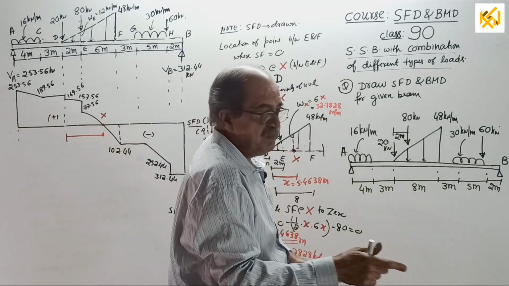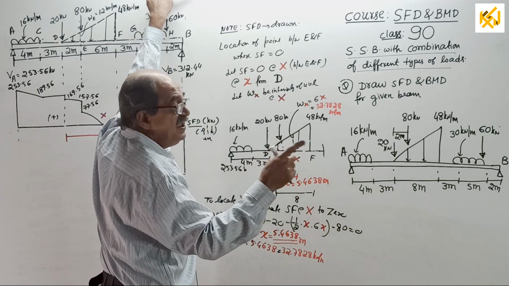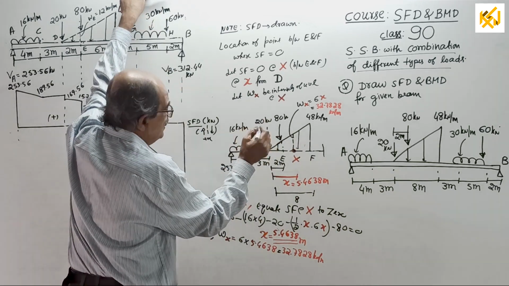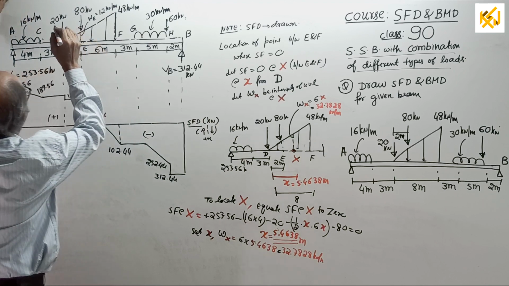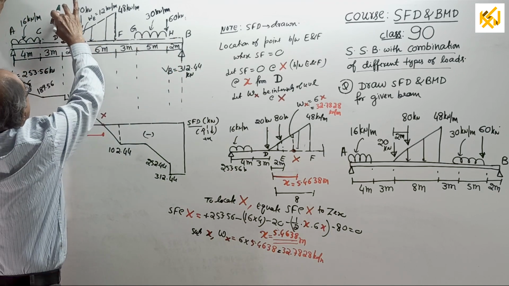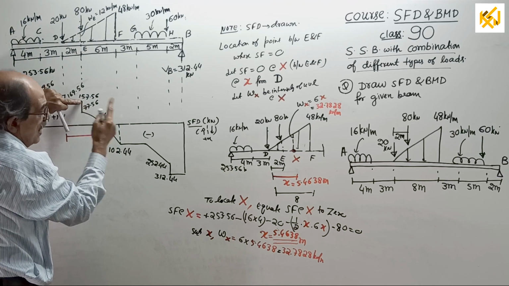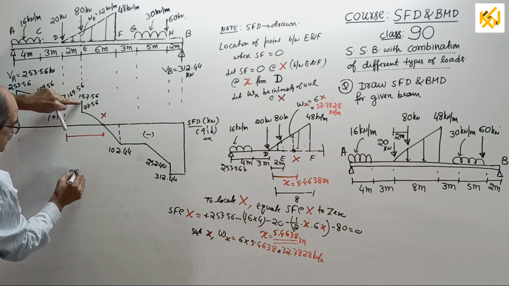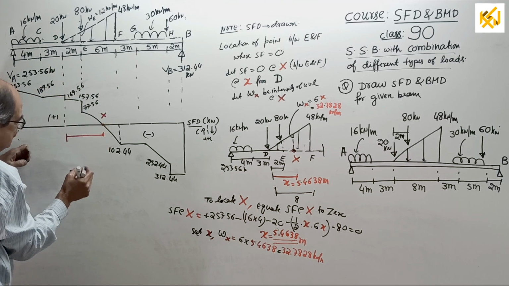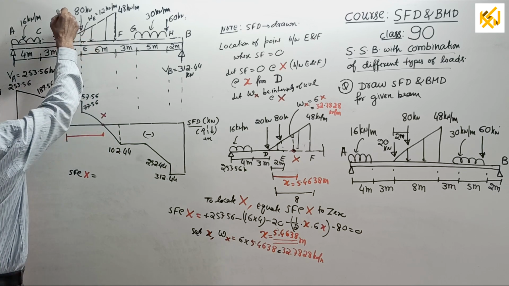Now, 1 minute. You need not write this much to look at the point x. The easy way is, if you want, you know the shear force at D just to the right side, somewhere here. After 20 is over, how much is the answer? 157.56. So what you can do is, you can write shear force at X directly.